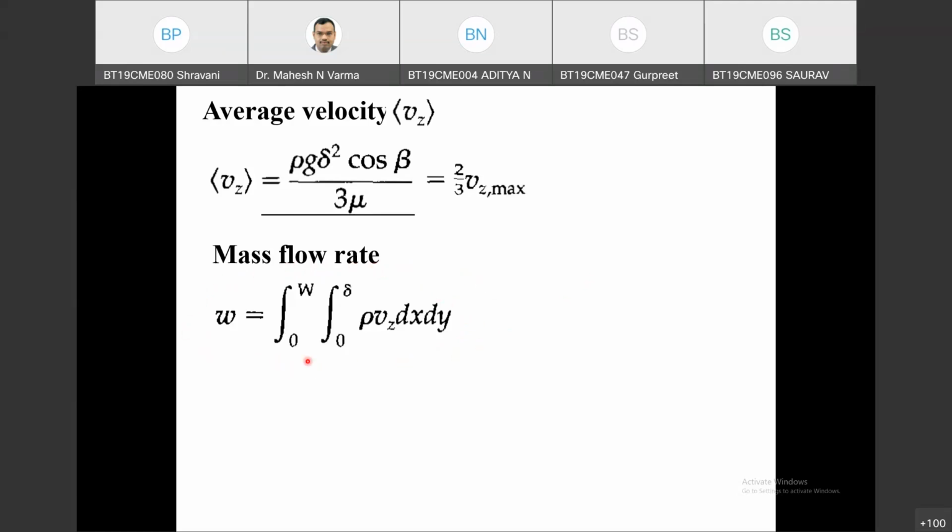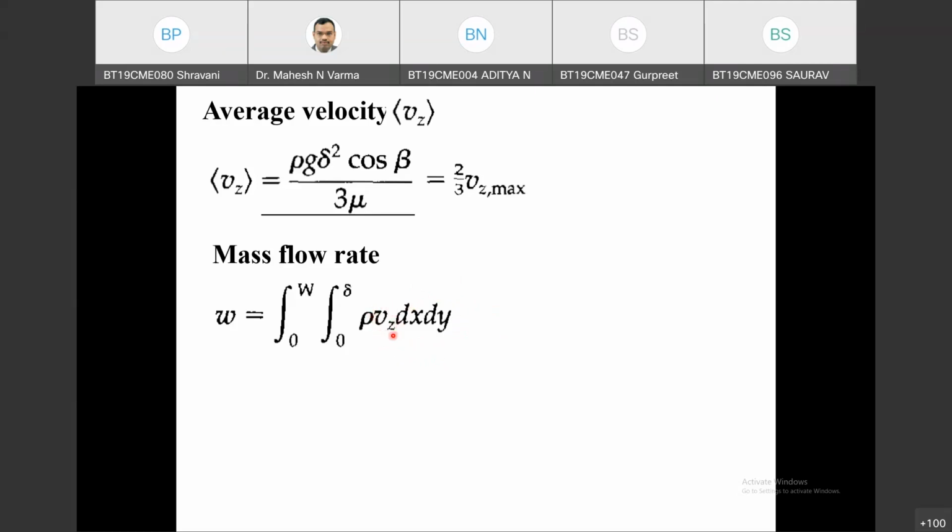physically what exactly we are doing in this integration? So here we are taking that small element we considered earlier, and we are integrating over the whole thickness delta and the width w. So what exactly we are doing is averaging the velocity and multiplying it by area.